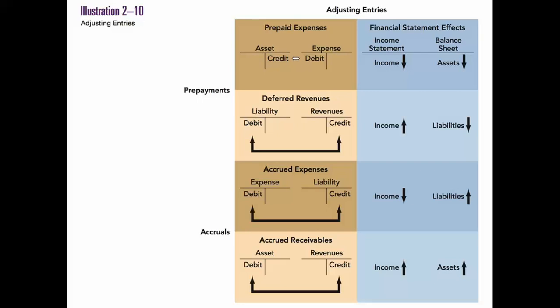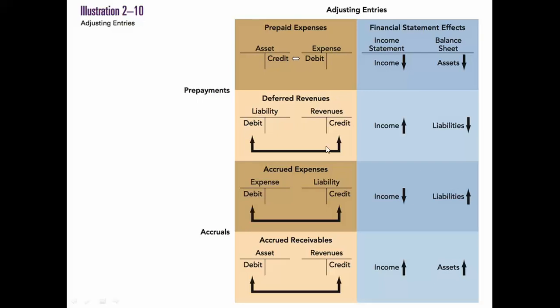Accruals, think of accounts receivable automatically, and think of revenue. So IOU, remember that. If a customer doesn't pay in cash, they pay on account, we debit the asset, credit the revenue. How that affects the financial statements: it increases income and it also increases assets, right? Because we have that accounts receivable.